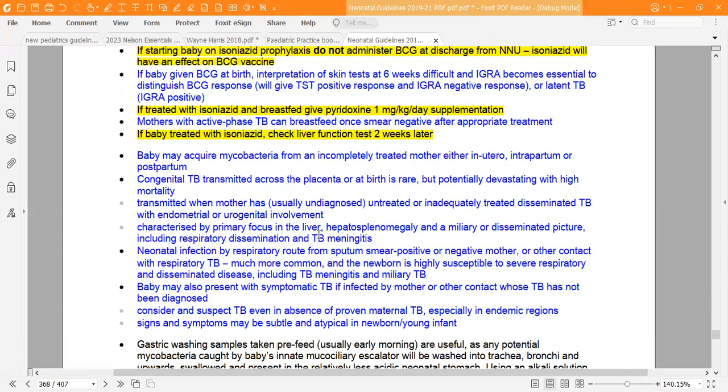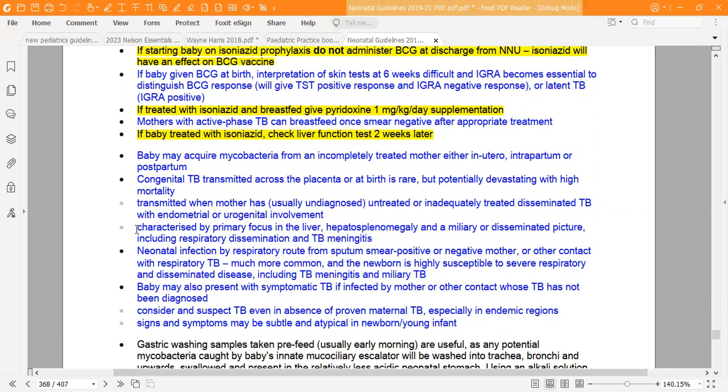So how are we going to know that the mom has disseminated or miliary TB? The endometrium is going to be involved, with urogenital involvement, a primary focus in the liver, hepatosplenomegaly, and a miliary or disseminated picture, including respiratory dissemination and TB meningitis.